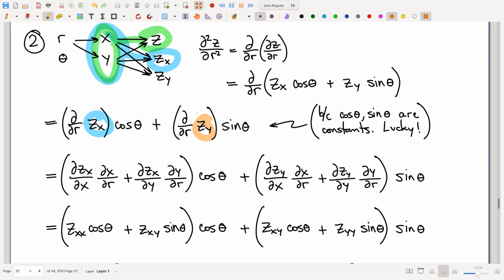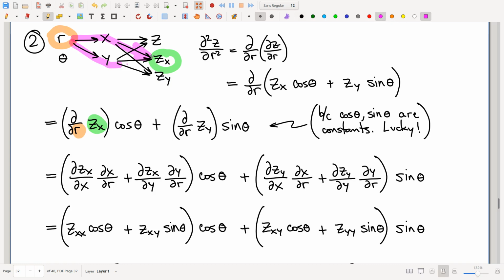I'm going to need to take its partial with respect to r. How am I going to do that? I need to understand where it is on the diagram. Well, likewise, it too is a function of x and y. So now with this appended diagram, trying to make sense out of the partial of zx with respect to r, no sweat.